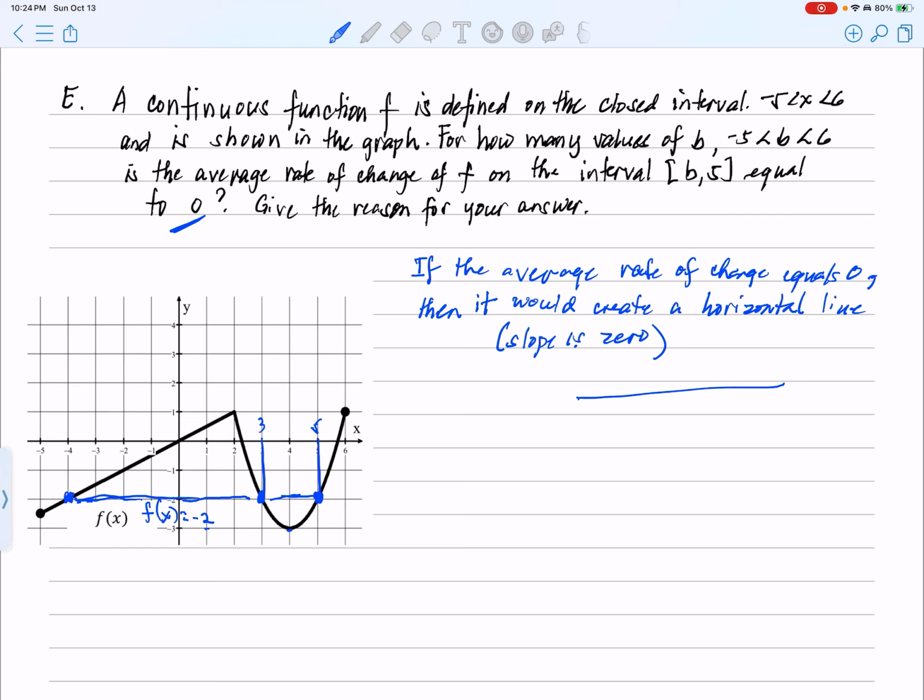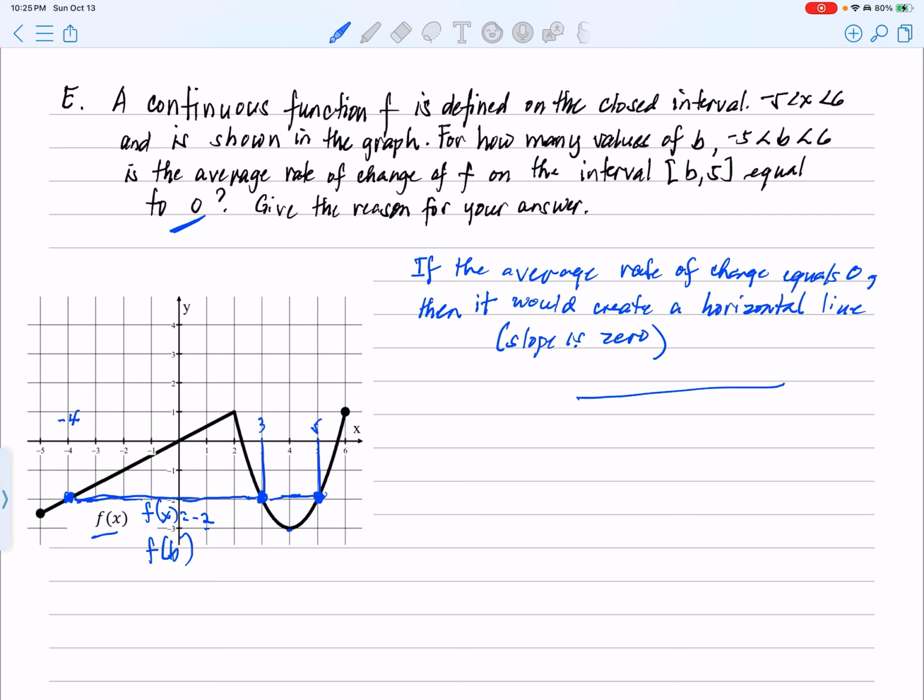This point is -4. And this point is 3 in x, and 5 in x. That means our f of x would be the f of b, right?